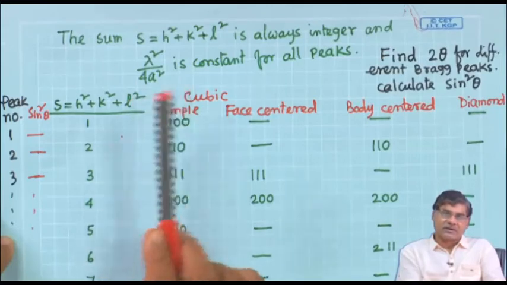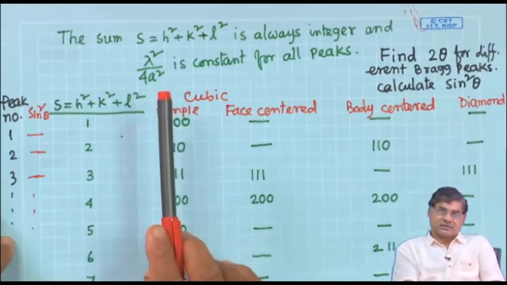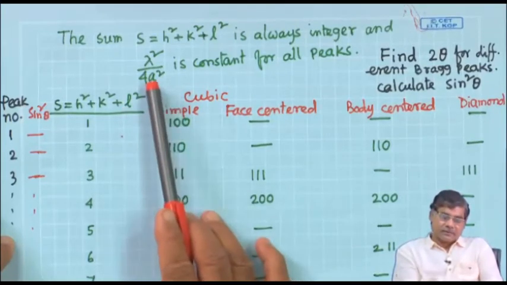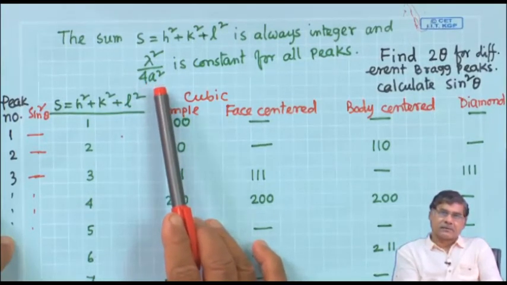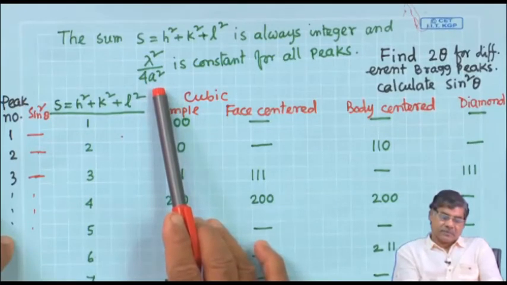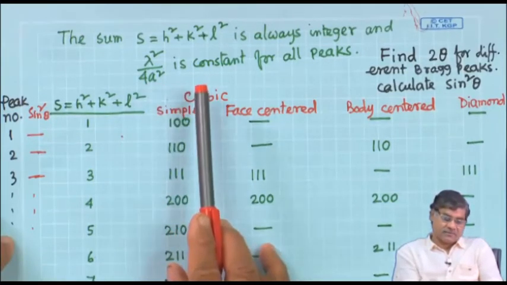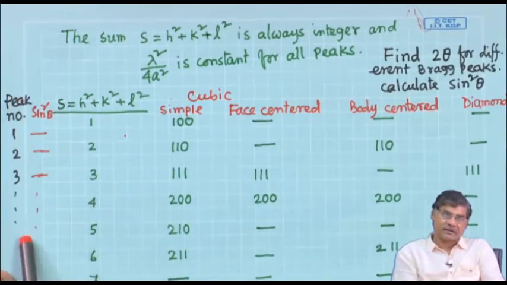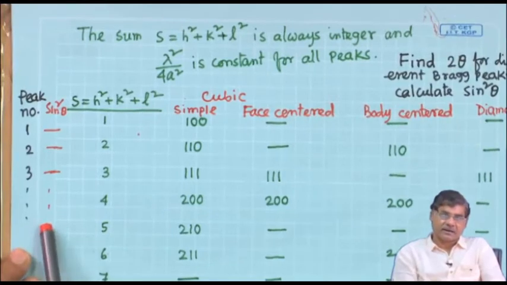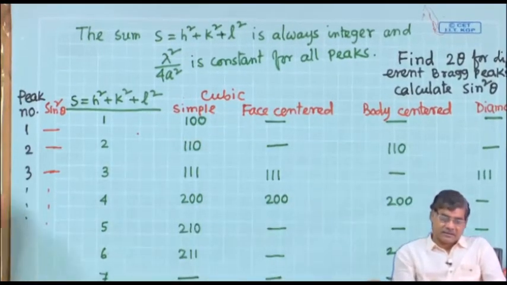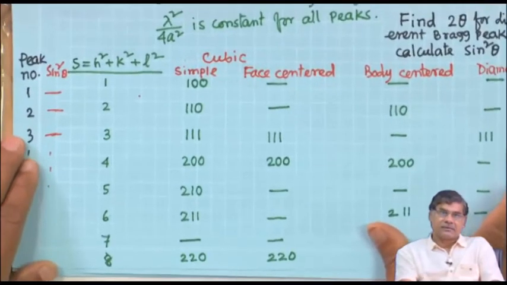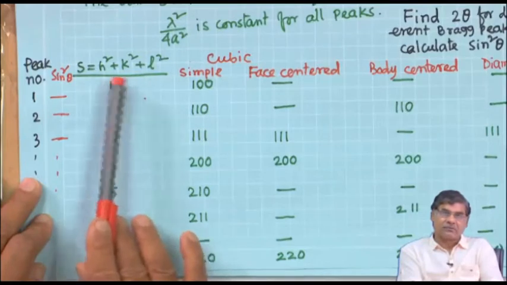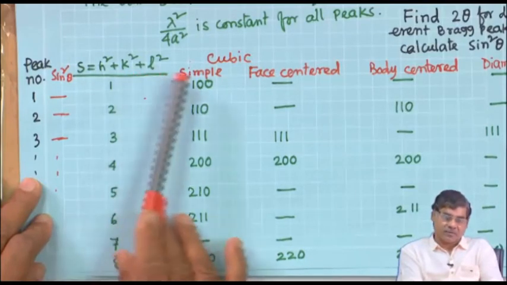So, sin square theta we get experimentally from the peak position. We will calculate sin square theta for different peaks. And you can write s equal to h square plus k square plus l square.